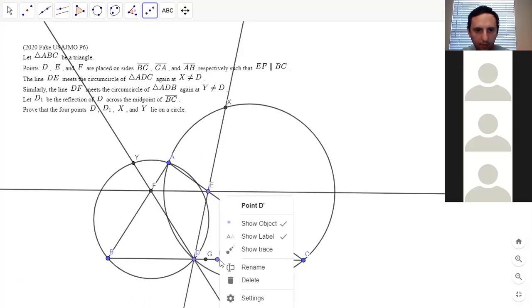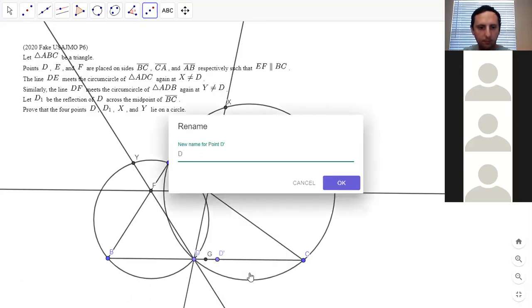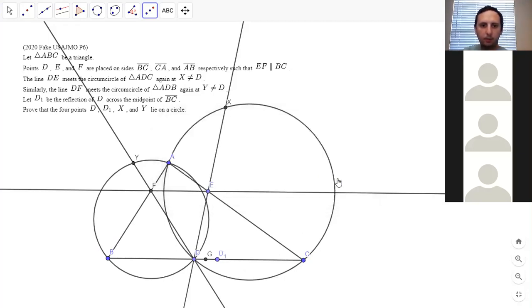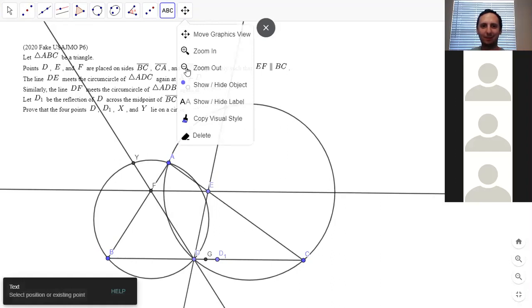So this we'll call D1. And we want to show D1XY is cyclic. Doesn't it look easy? Maybe it is, but yeah, I had some trouble with it.